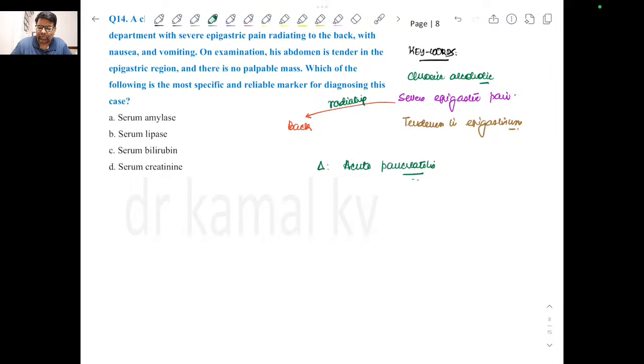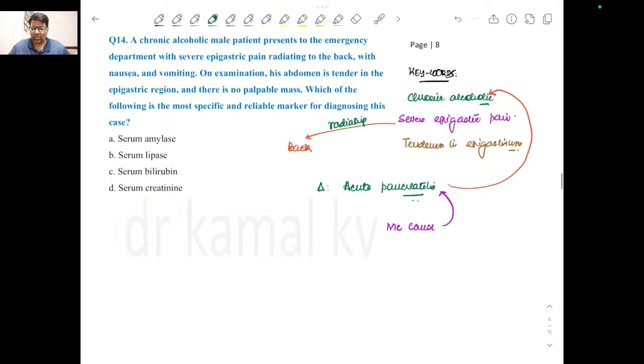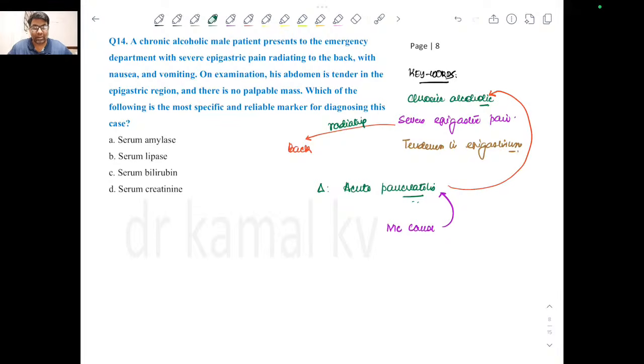So this is very suggestive of acute pancreatitis because most common cause of acute pancreatitis is alcoholism, right? So this is how you can associate this fact. And the classical presentation is epigastric pain going back or radiating back to the chest.